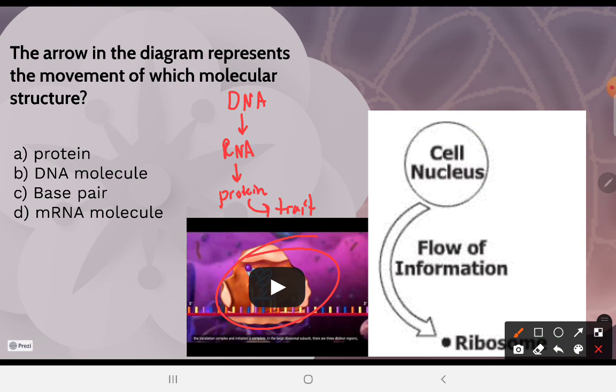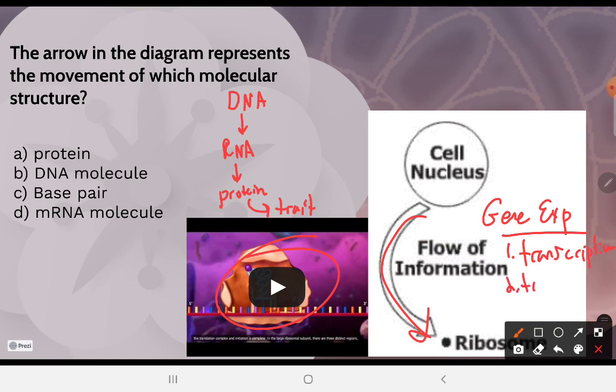But that process, the flow of information here, is called gene expression, and it consists of 2 parts. There's transcription and there is translation.